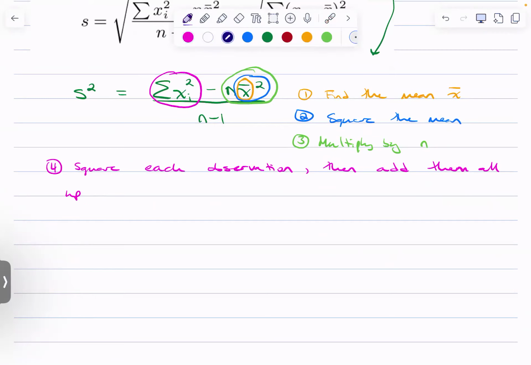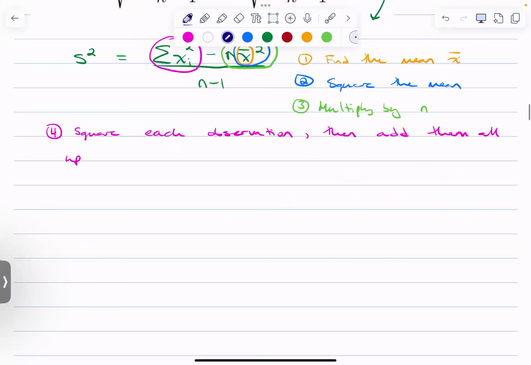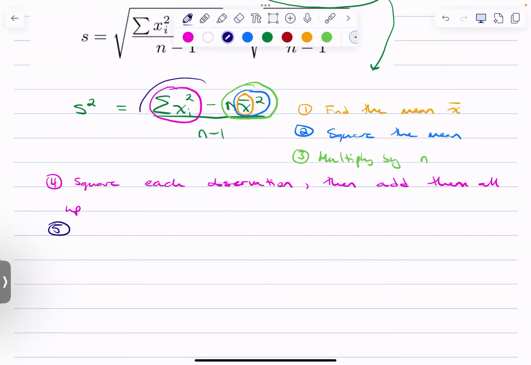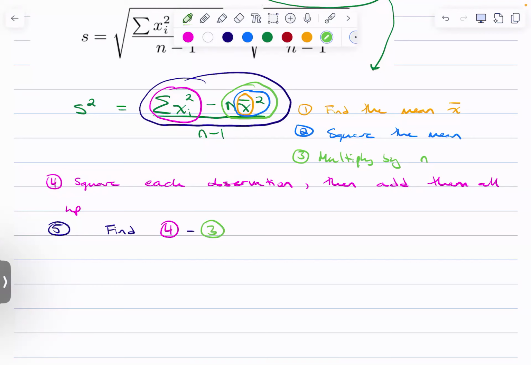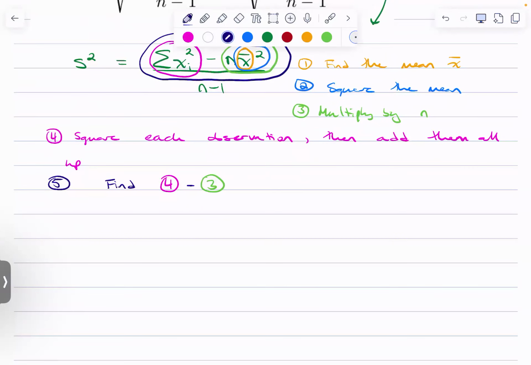Then step 5 doesn't really need a circle, but there. Find the number from 4 minus the number from 3. And then finally, divide by n minus 1.